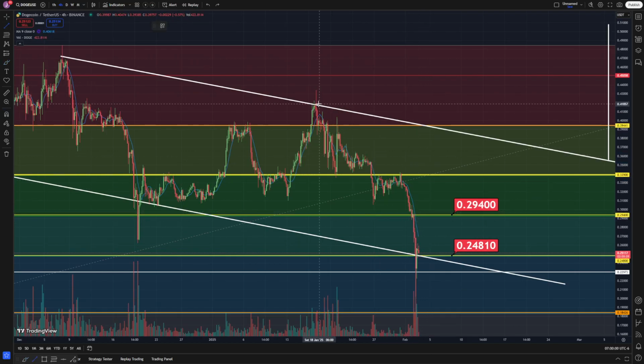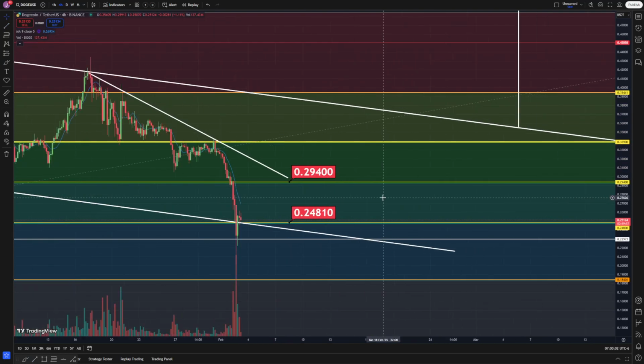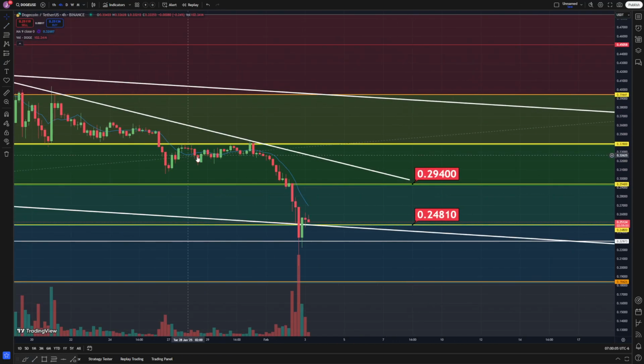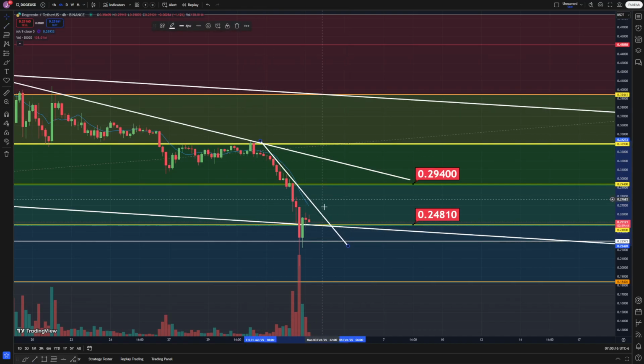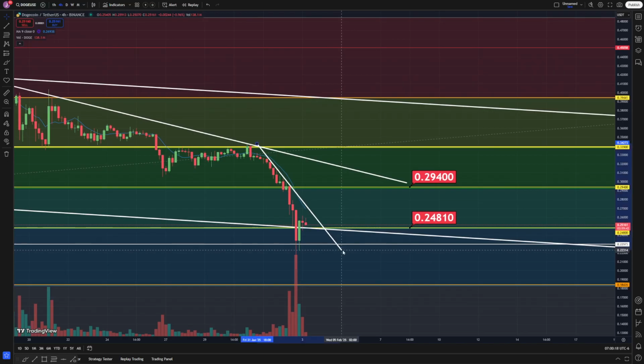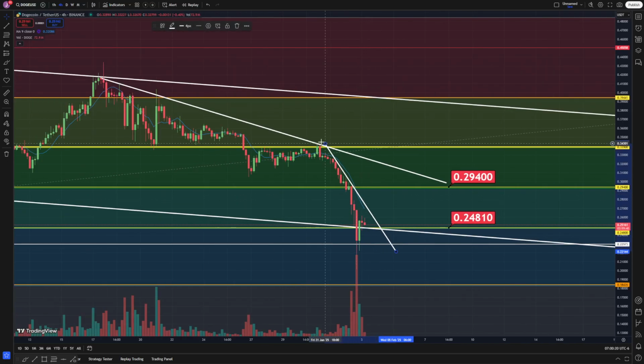Let's go ahead and draw a downtrend like this. And then we also have, if we zoom in a little bit more, resistance, something like this. Another downtrend, maybe something like that. Basically, we have to break these downtrends going to the upside before we can start getting more bullish.